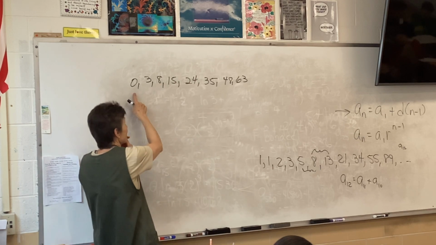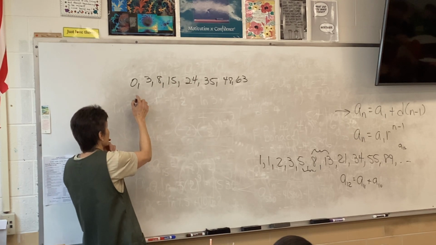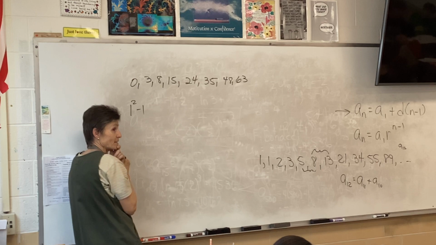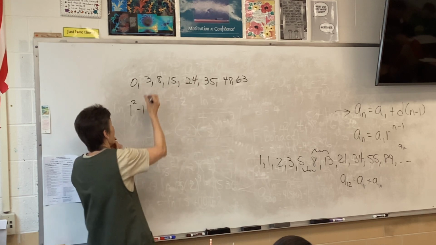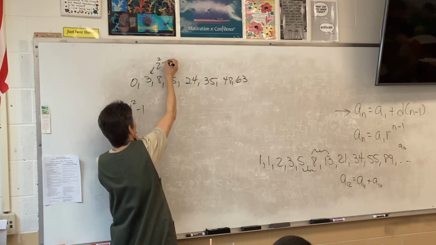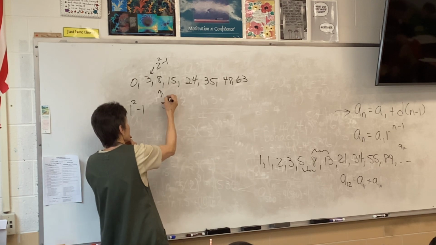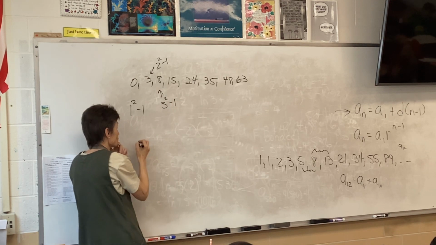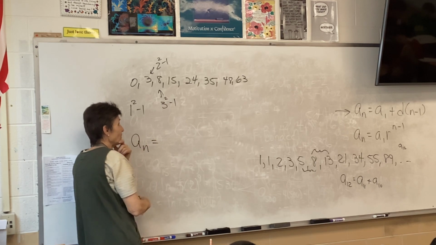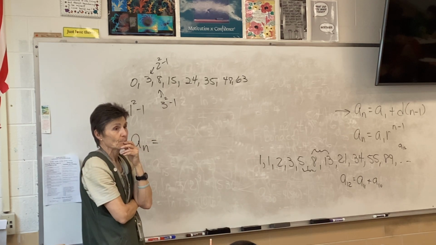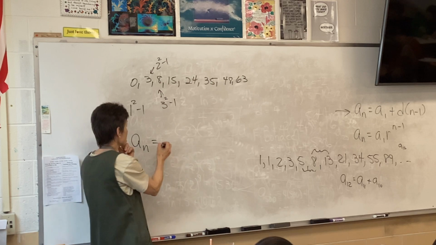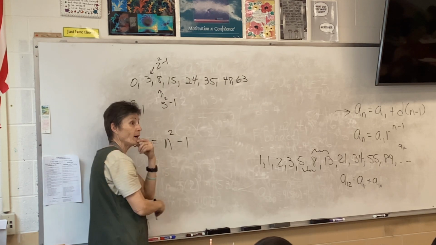So isn't the first term 1 squared minus 1? And the second term is 2 squared minus 1? 3 squared minus 1? So the nth term of the sequence will be n squared minus 1, isn't it?